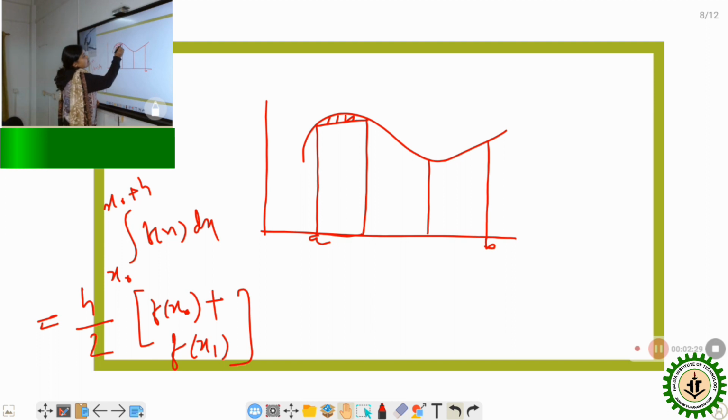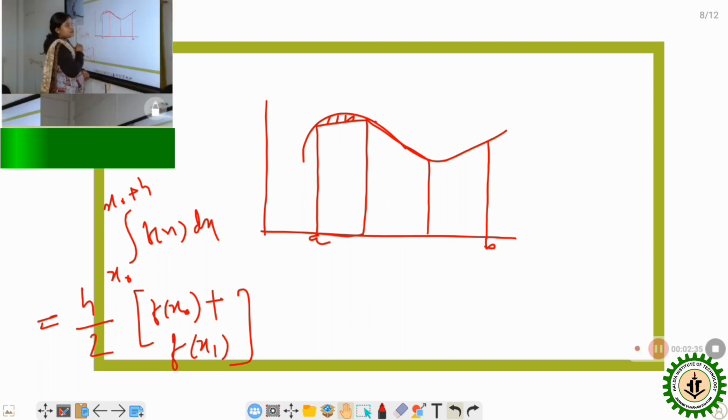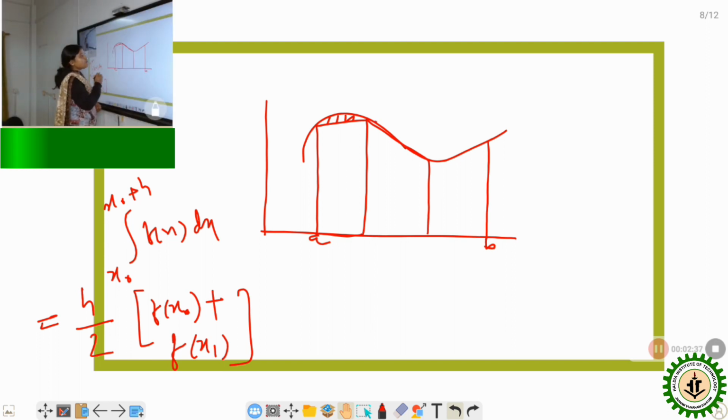For the next subinterval, here also, what will we do? We have a curve, but what are we taking? We are taking the area under, not the curve, but the straight line passing through the two endpoints. Similarly, here also we will get the area for this trapezium.